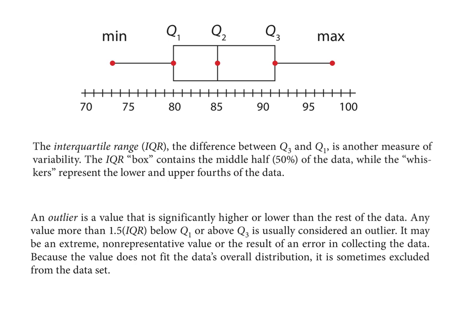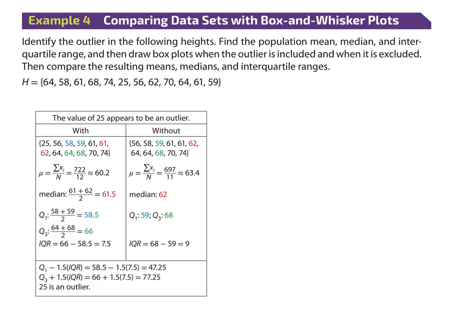When I look at, for example, this example right here, an outlier is something that's a specific amount away from the rest of your information. We'll do some calculations later. But when I look at this, I'm going to automatically assume that 25 is an outlier, okay?